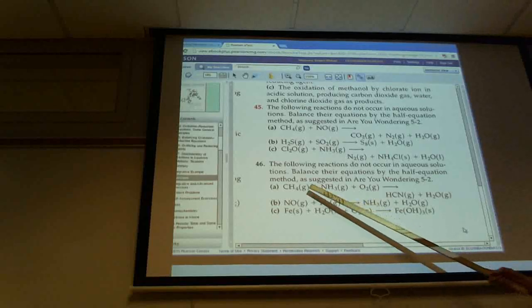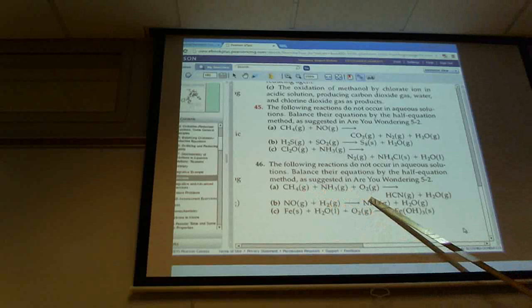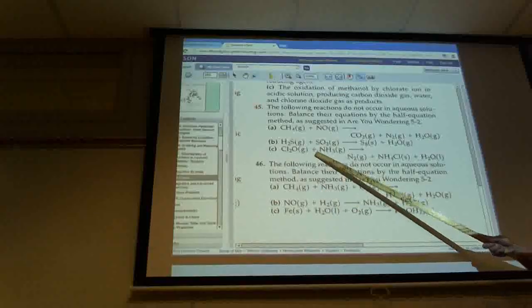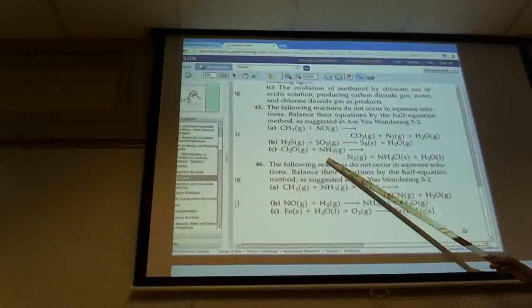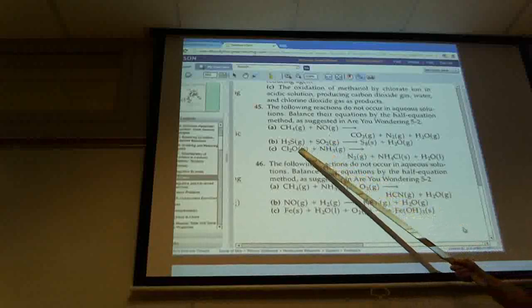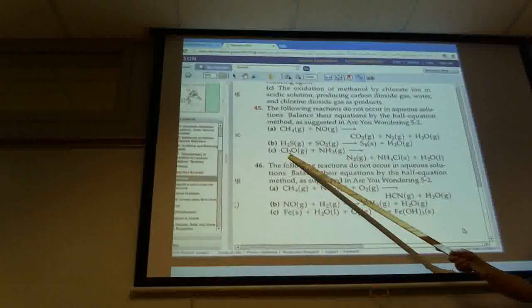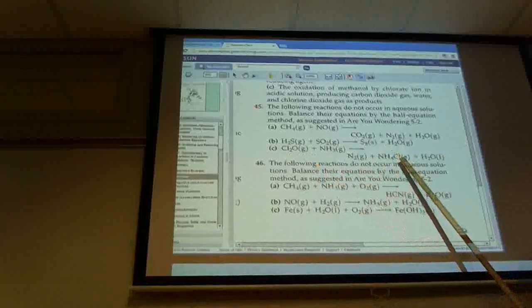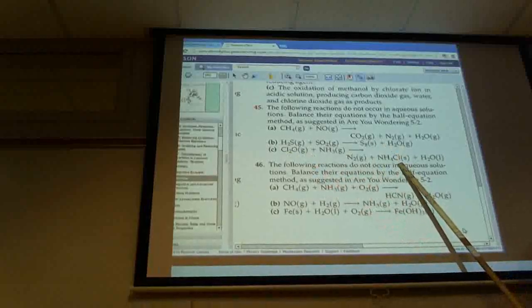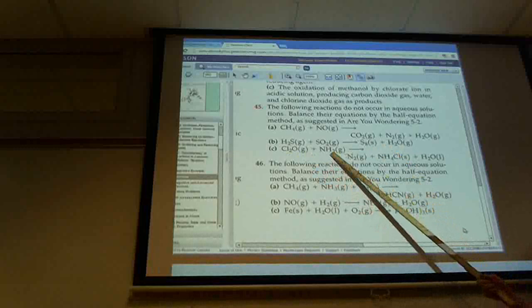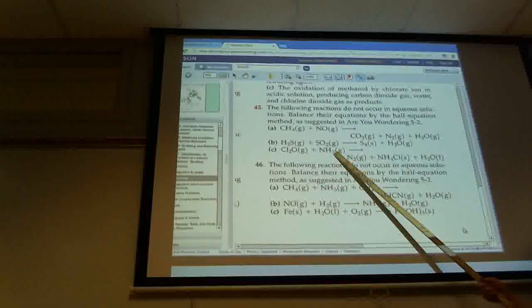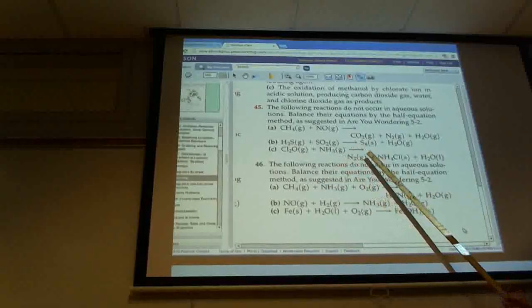Unfortunately, these aren't balanced, so I'd have to balance it first. But take a look at these. This is what I mean by tricky. Chlorine's no problem, right? Because it only ends up in one product. But nitrogen is a problem because nitrogen ends up in two things.